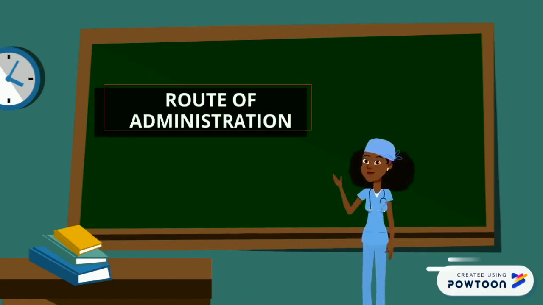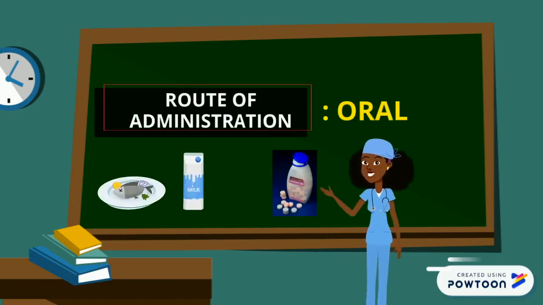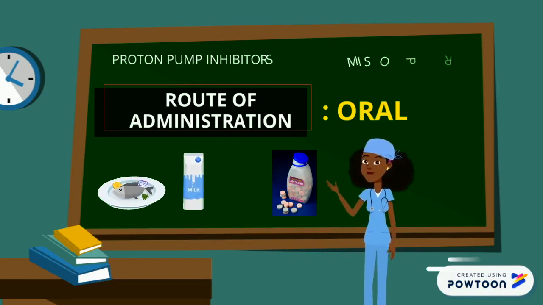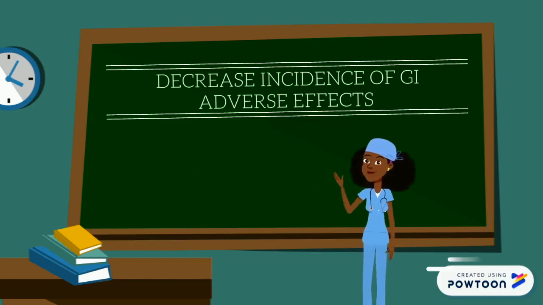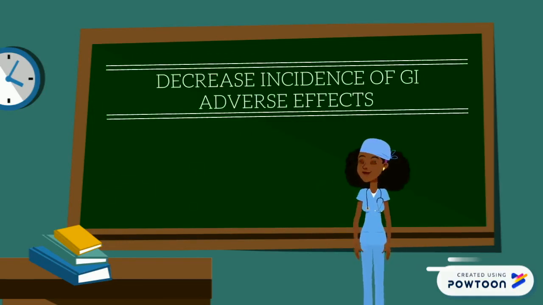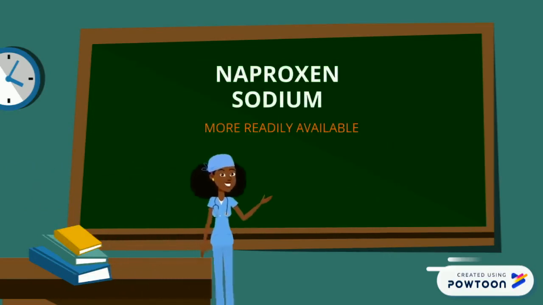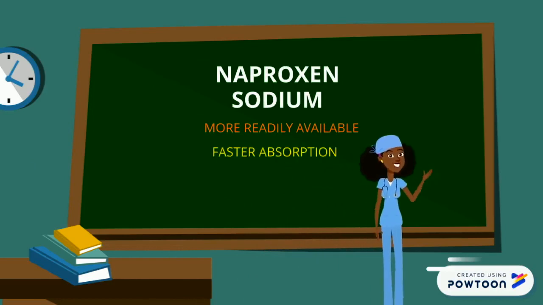The route of administration is orally with food, milk, antacids, preferably aluminium and magnesium hydroxide containing antacids, proton pump inhibitors, and misoprostol. This is to decrease the incidence of gastrointestinal adverse effects. On a side note, naproxen sodium is more readily available than naproxen because it has demonstrated faster absorption.